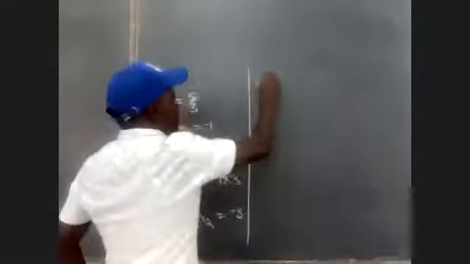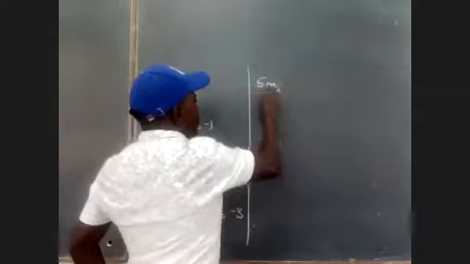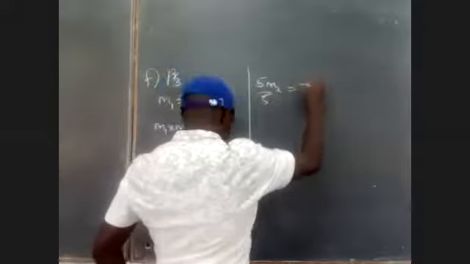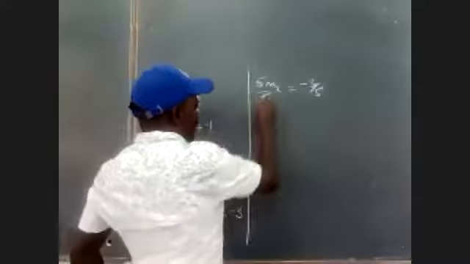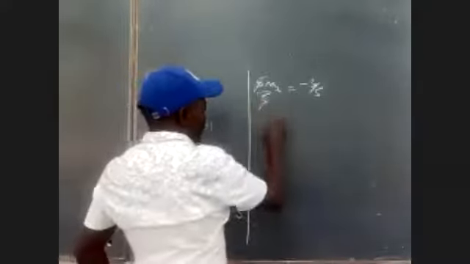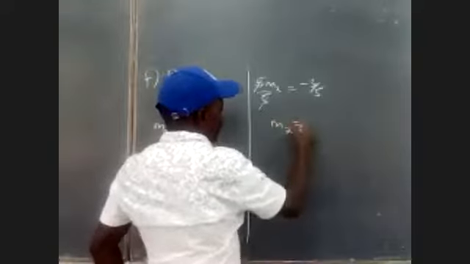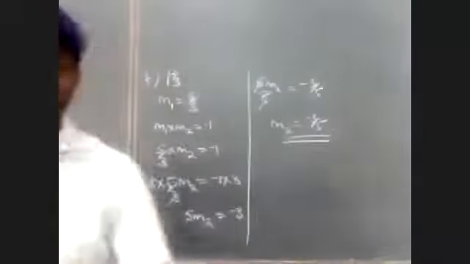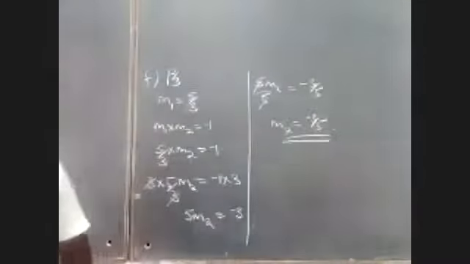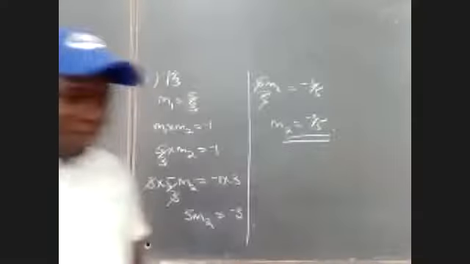So 5M2 out of 5 is equal to negative 3 out of 5. Then M2 will be equal to negative 3 out of 5. That's very good, Joan.